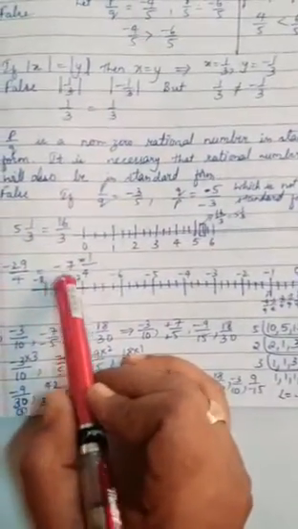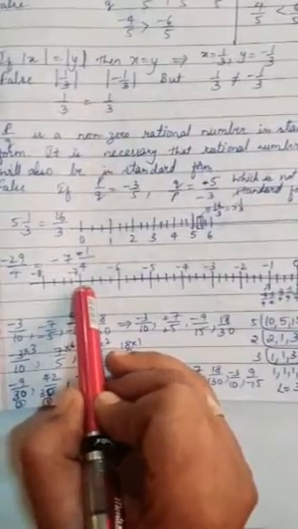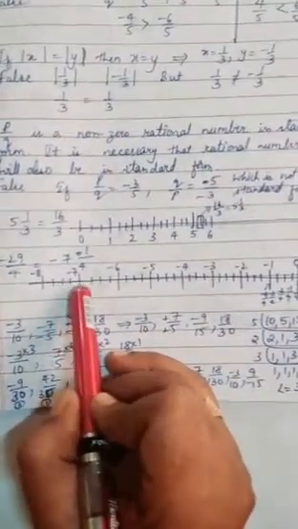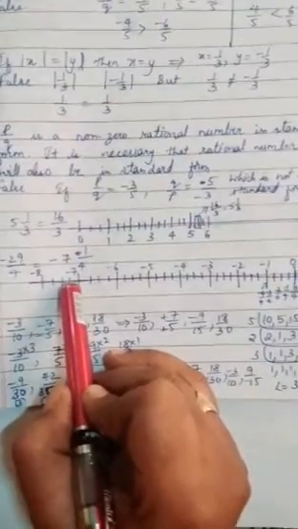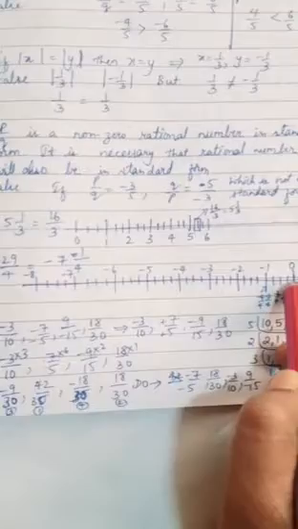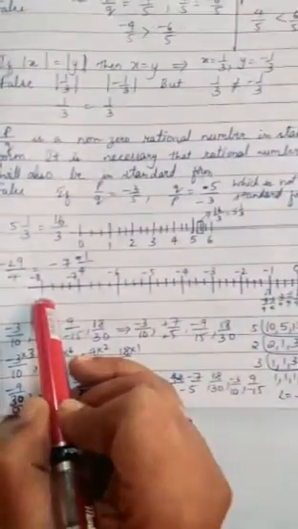Now where do you have minus 7 1 by 4? Immediately after minus 7 the next division will be minus 7 1 by 4, or you may also count 29 divisions after 0 and to the left of 0.